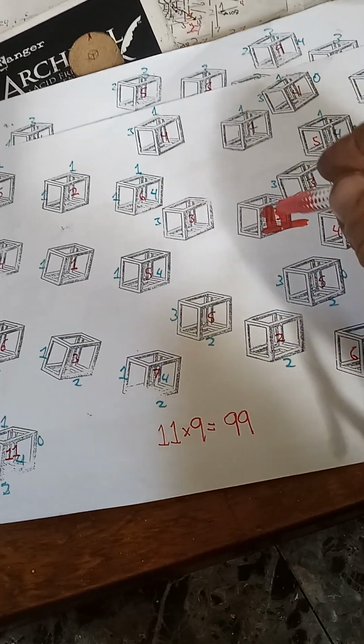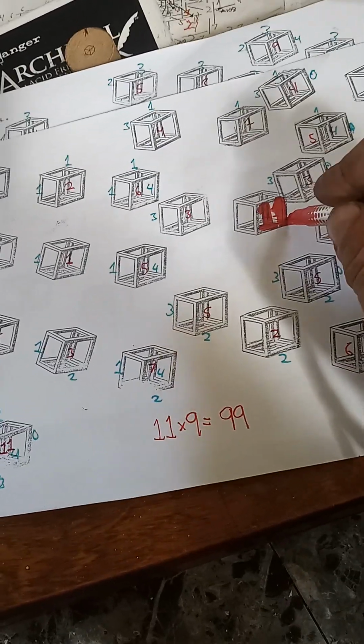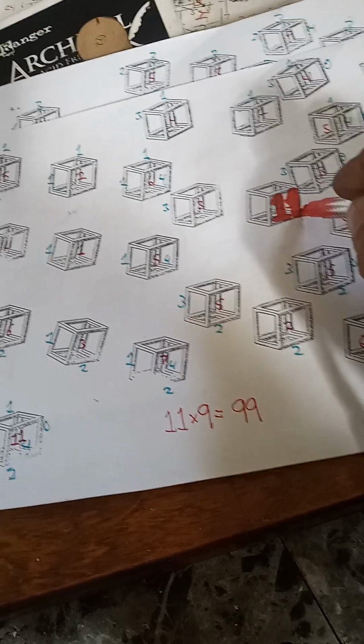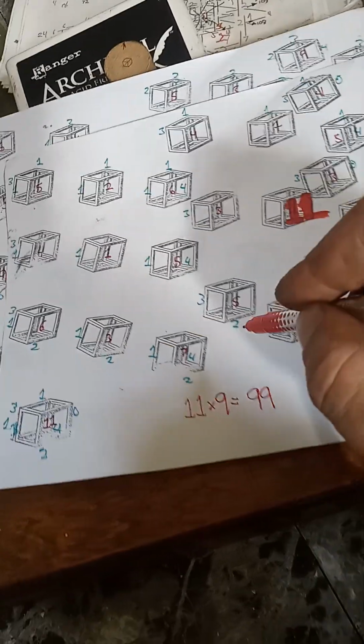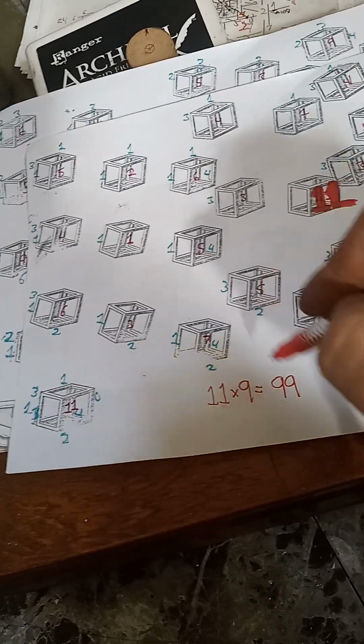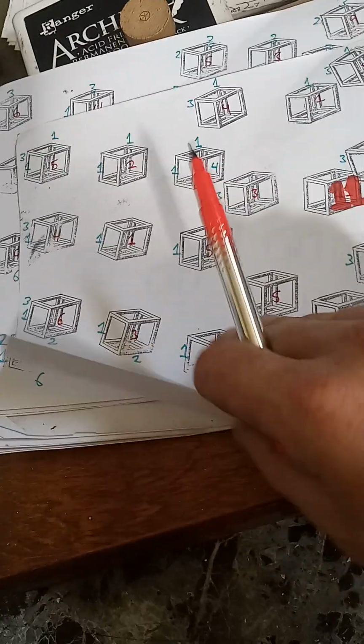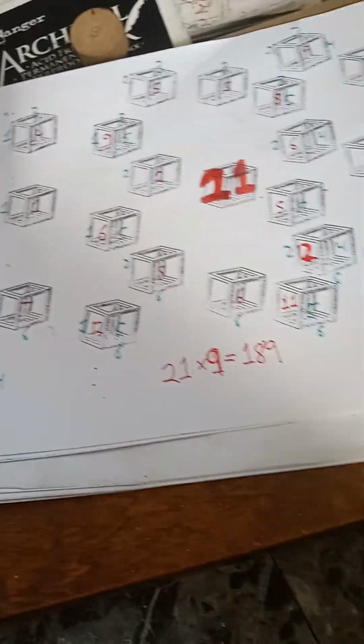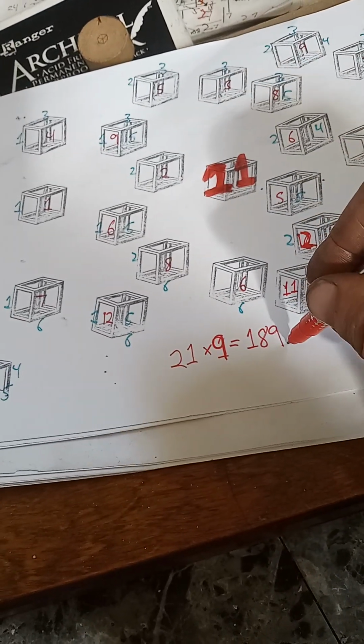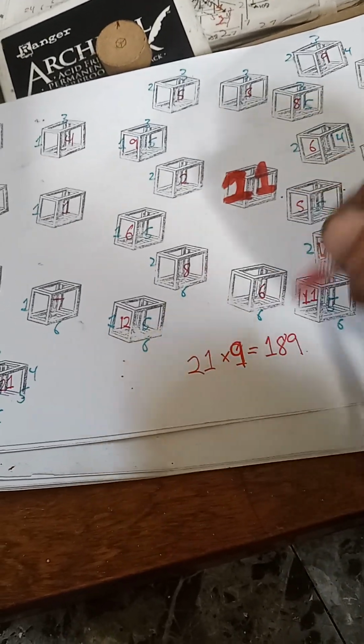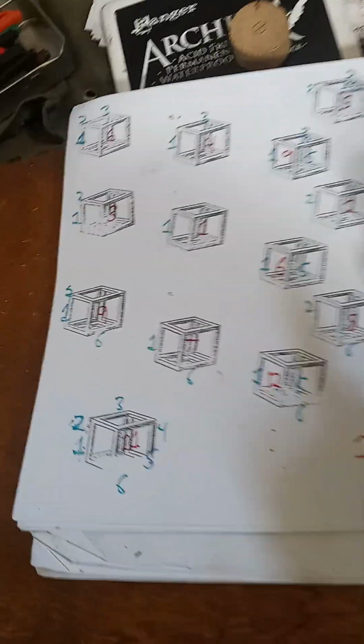But 11, the original central ghost number, the resulting central ghost number is 99, and same thing with this, 21. It's 189. I did the math. I didn't do it on here, but you can calculate all this up if you want to.